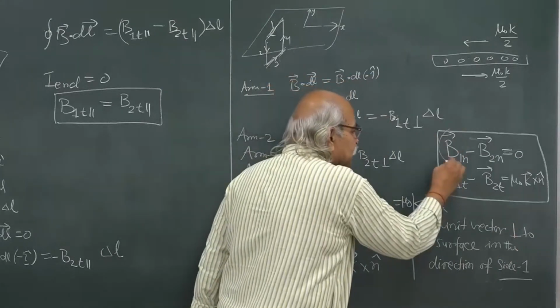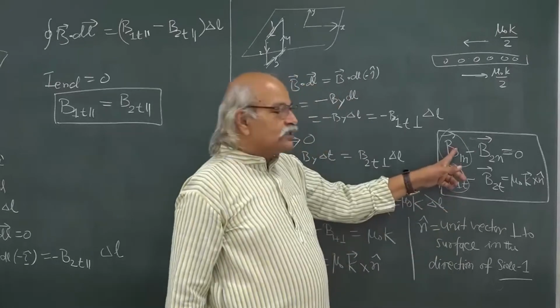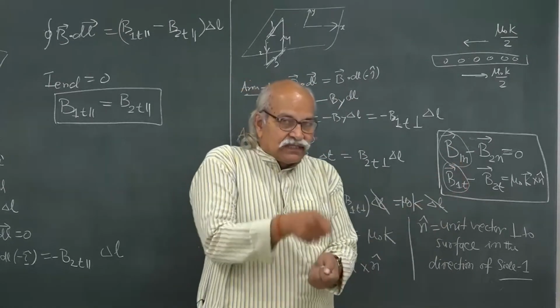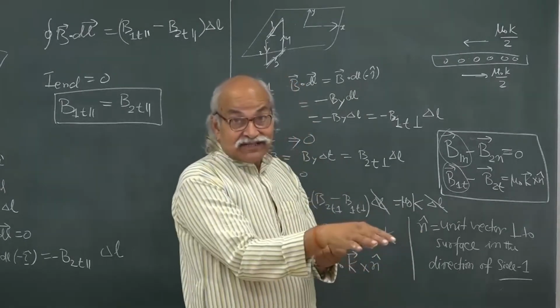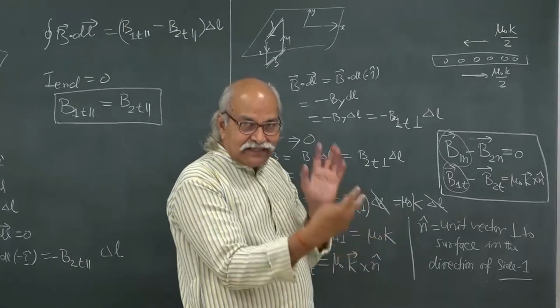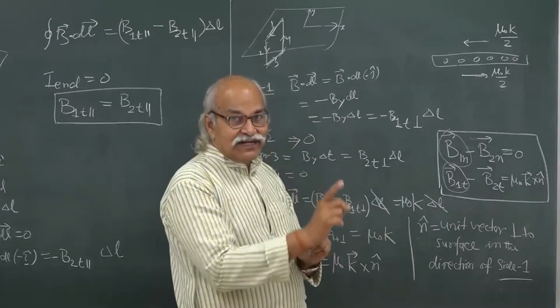What is this plus this? In the perpendicular direction, this is the normal component, and in the tangential direction, this is the net tangential component. When you add these two vectors, you get the resultant magnetic field.